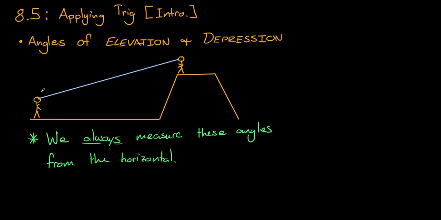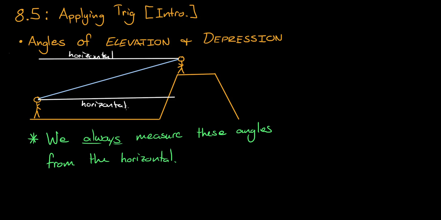Now, I'm going to extend that out a little bit further, very intentionally. This person's horizontal is in a different location, but it's parallel. We have two horizontal lines here. Horizontal, I'm just going to write H, up top from that higher up person, and we have a horizontal down here from the lower person.